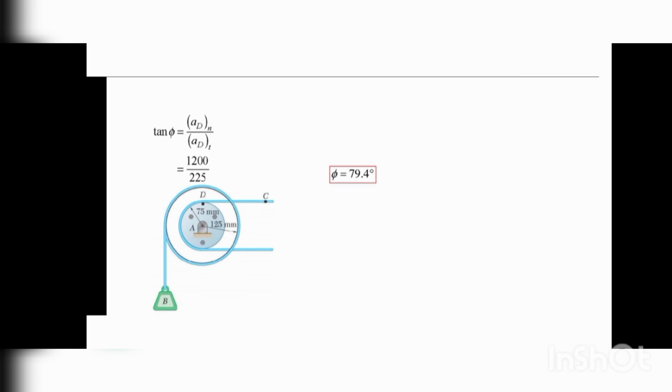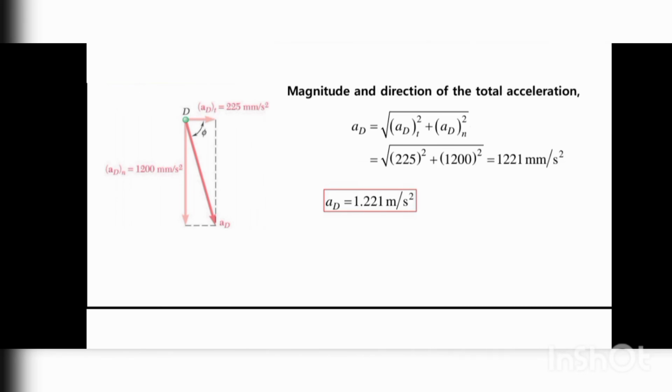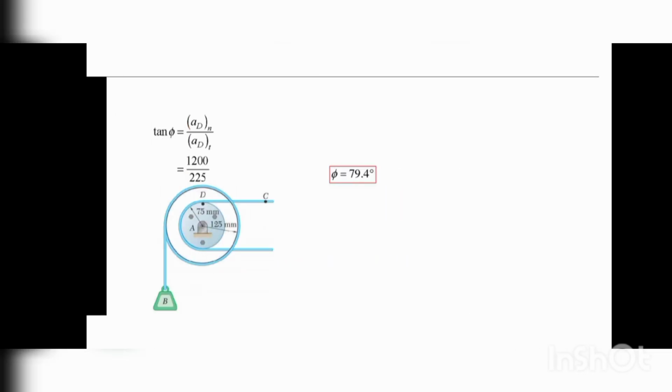Then we use the tangent formula, which is opposite divided by adjacent. So the answer is 1200 divided by 225, and the angle is 79.4 degrees.